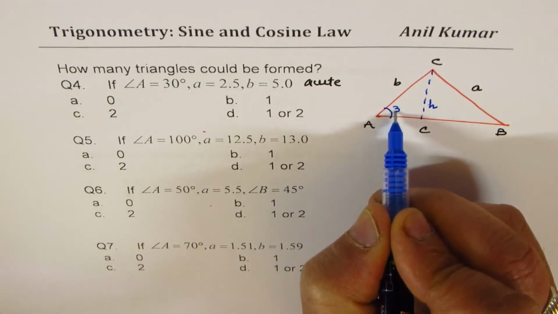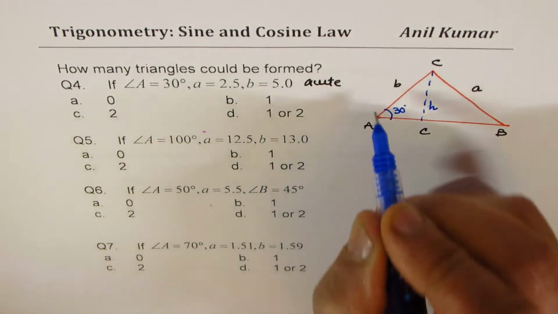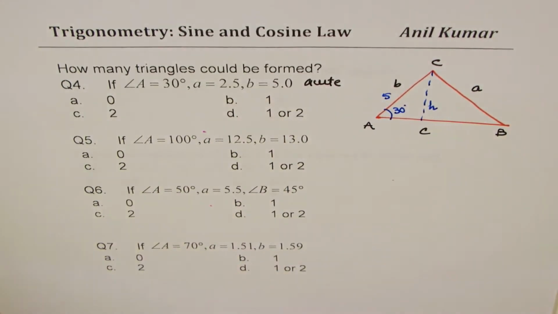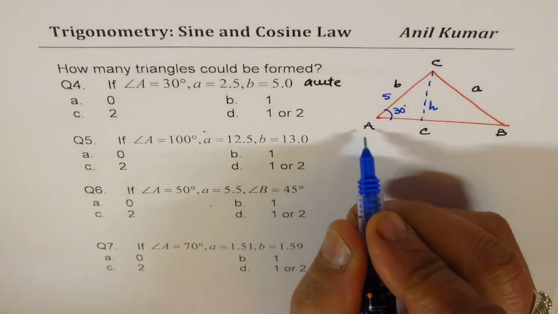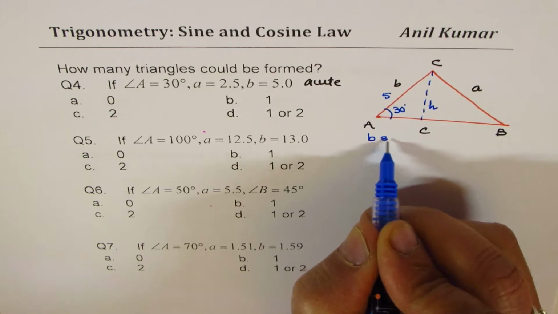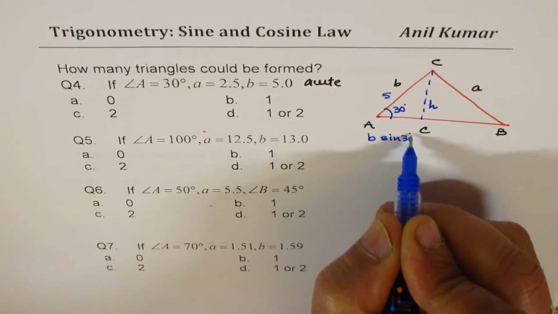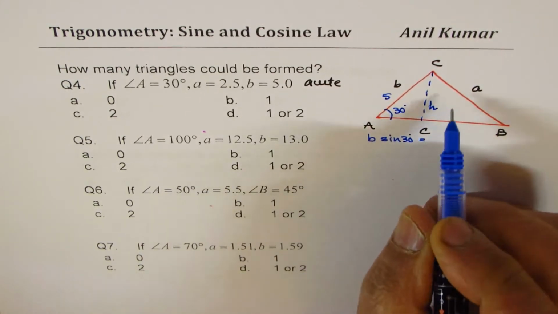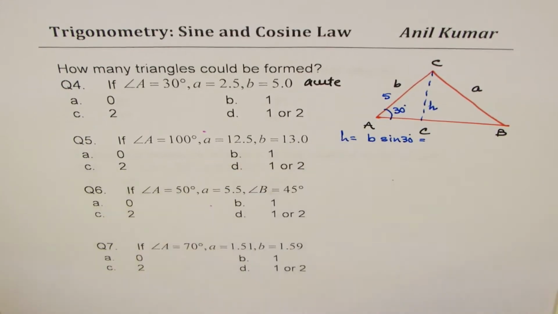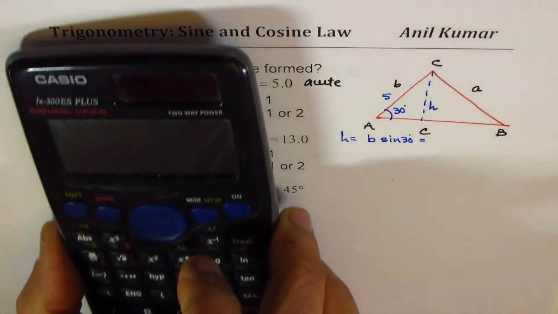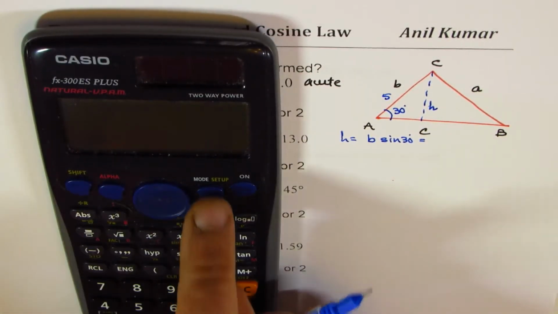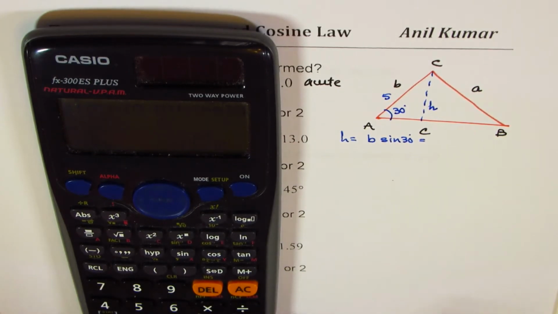In this case, it is 30 degrees and b is 5. So we'll calculate the value b sine 30 degrees and compare it with a. This is the height, correct? So let's use this value, calculate. So let me convert my calculator to degrees. Let's be sure about it.